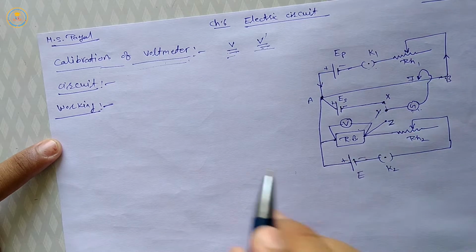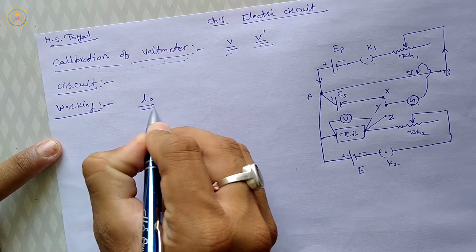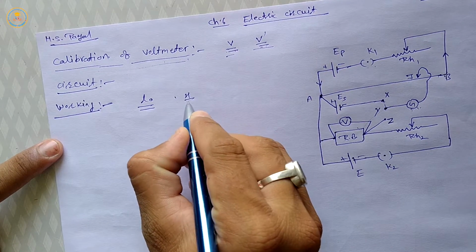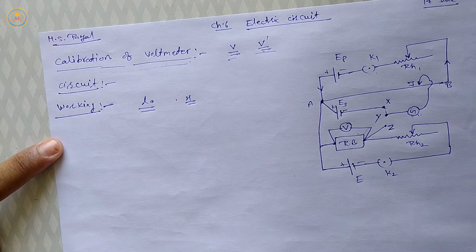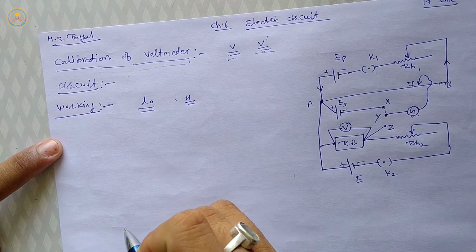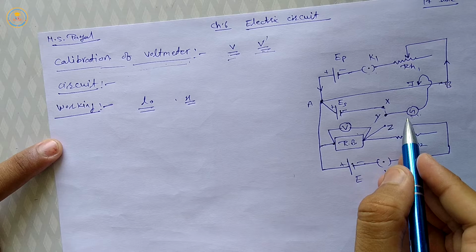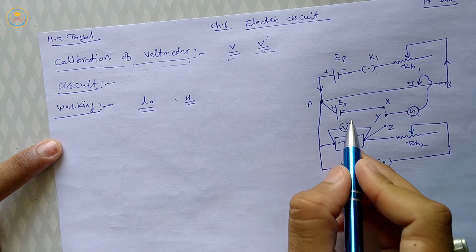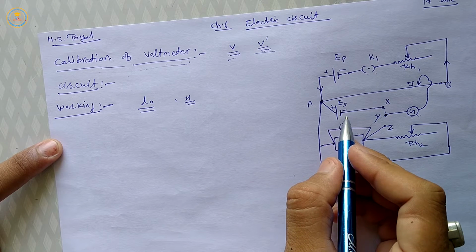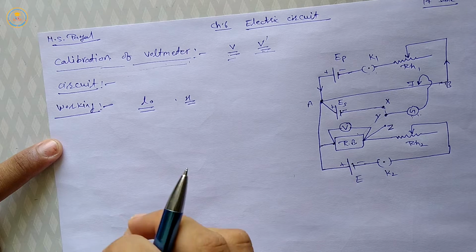In this situation, suppose balancing length is L naught and potential gradient is X. Then by the principle of potentiometer, what is the principle of potentiometer? In zero deflection state, an unknown EMF or potential difference is equal to the potential difference of the potentiometer wire.